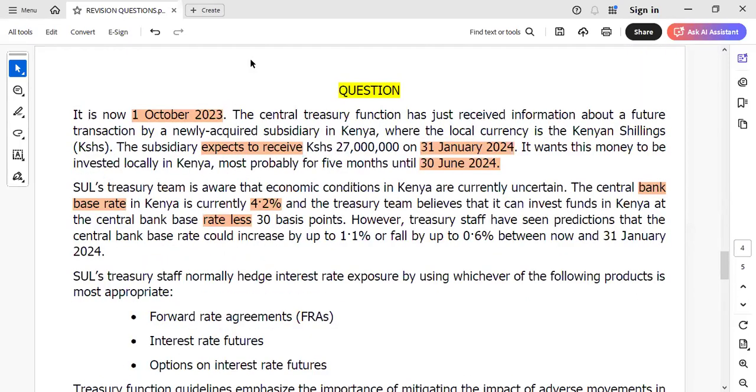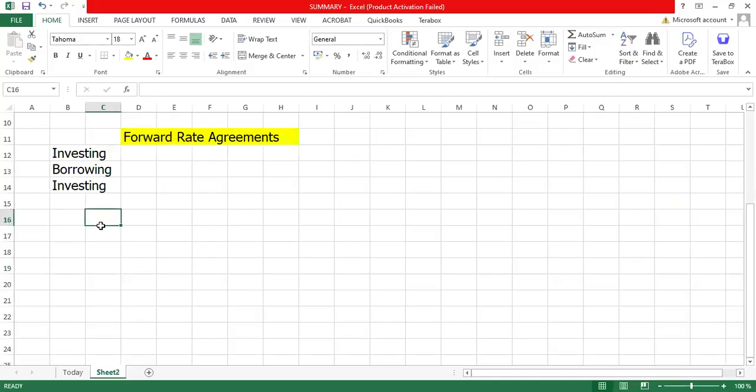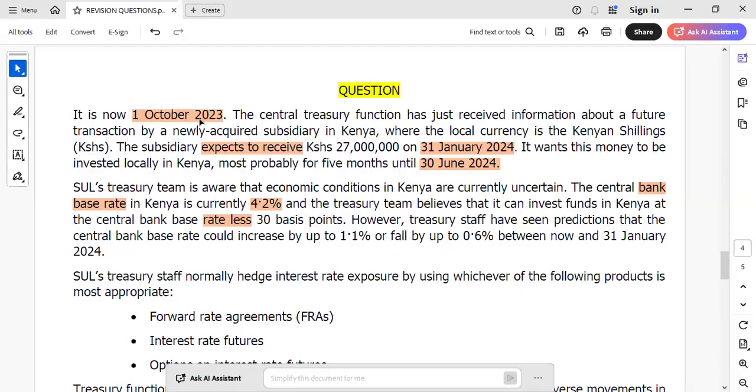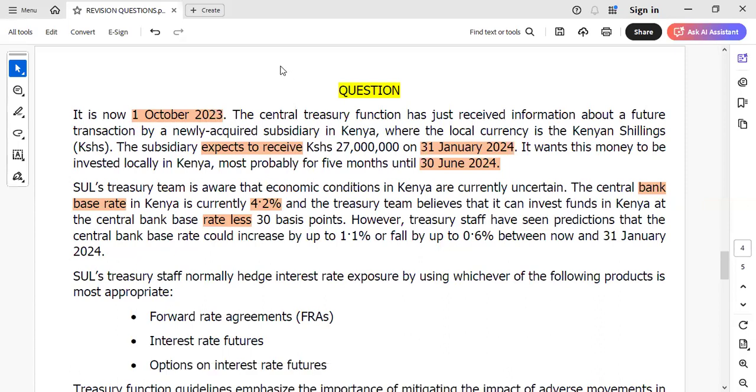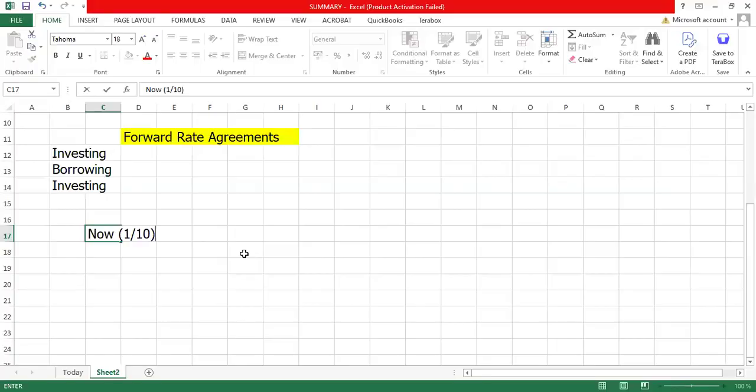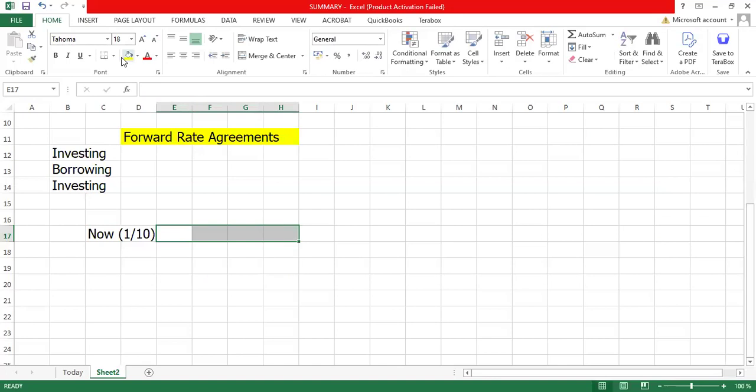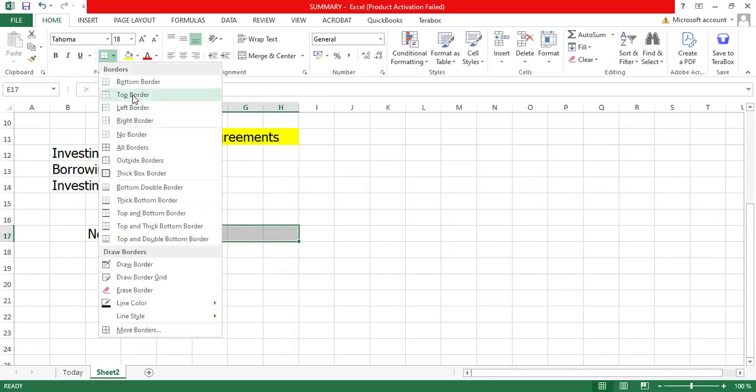To know that, you need to know what is the date now. Now is which date? It's the 1st October, isn't it? 1st October 2023. Okay, you look at it at now, then when are you expecting to receive this money?